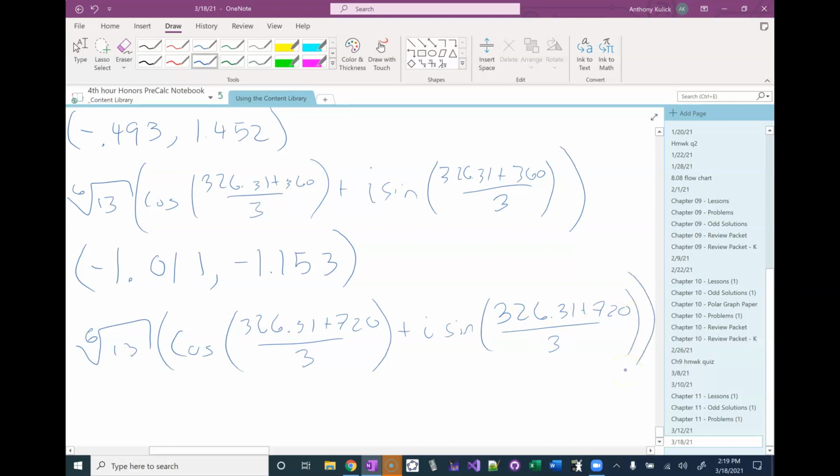And go to the calculator and type those in. So plus 720 is going to be 1046.31.